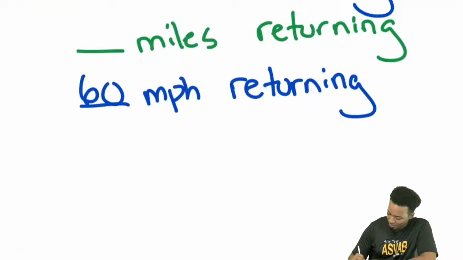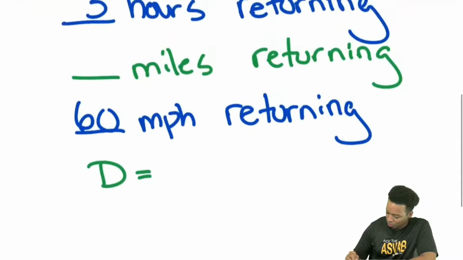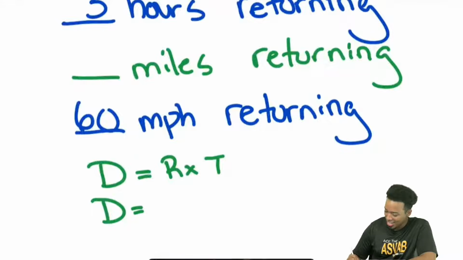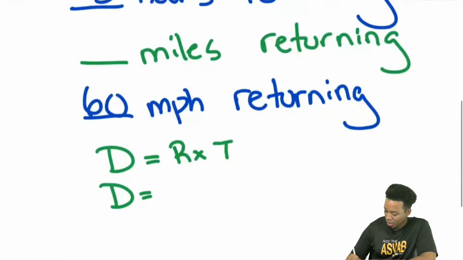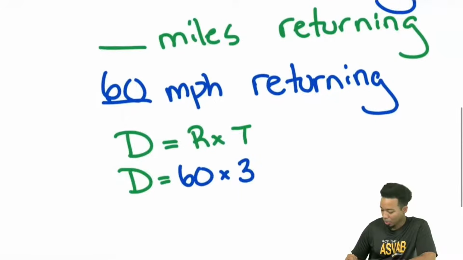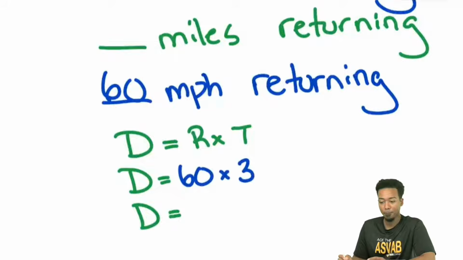Distance equals rate times time. So my distance here equals, my rate is 60 times 3 hours. Everyone, what is the distance between the beach and Ryan's house? Delilah, excellent work there.